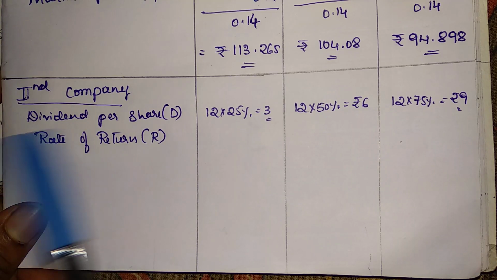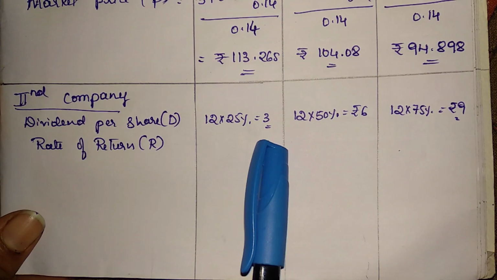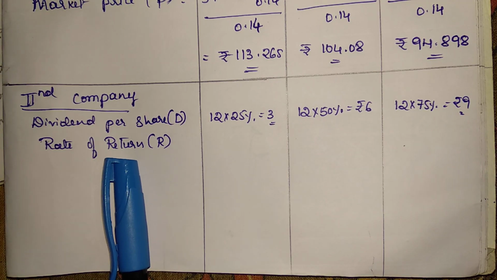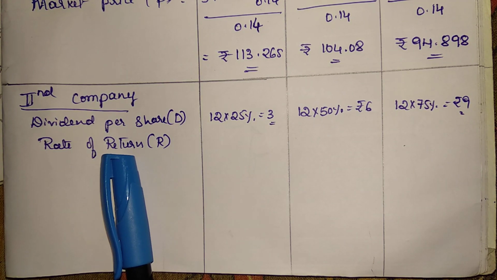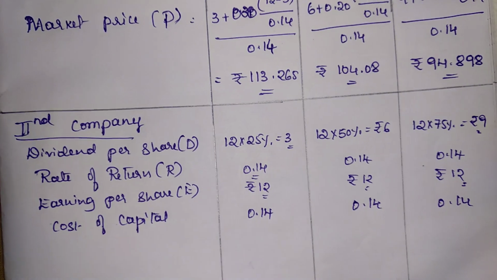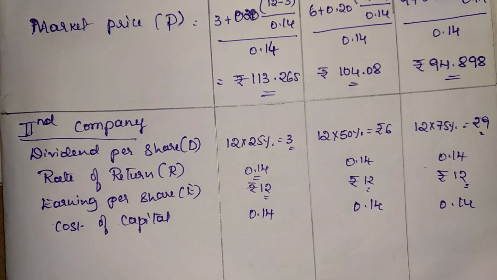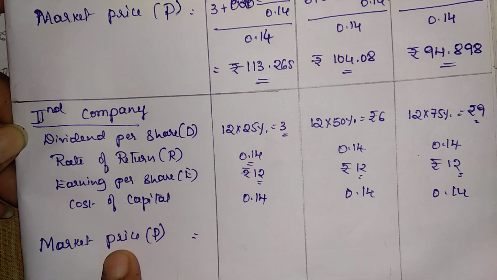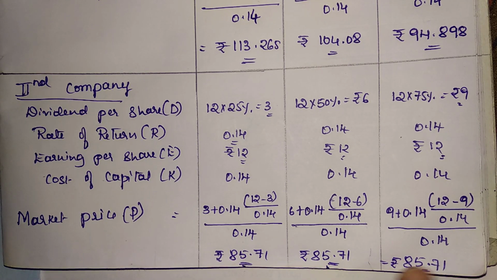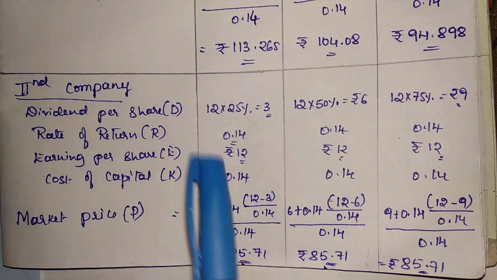Then the market price of the second company. Dividend per share will be the same as the previous company: 3, 6 and 9. The second company achieved a rate of return of 14%, 0.14. EPS and cost of capital are the same for all the companies. Therefore the market price P in the second company, for all three payout ratios, remains the same because rate of return and cost of capital are the same.